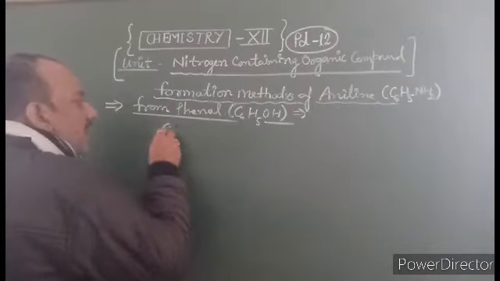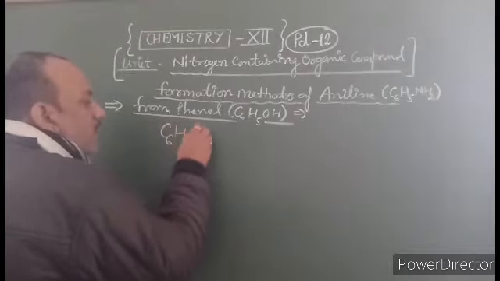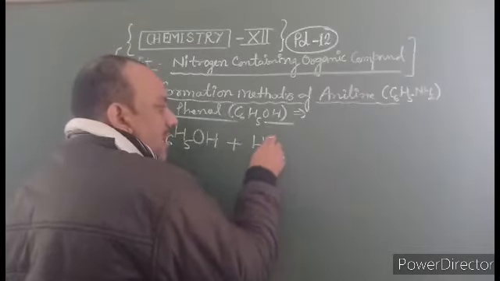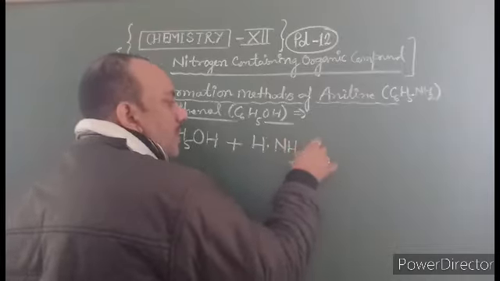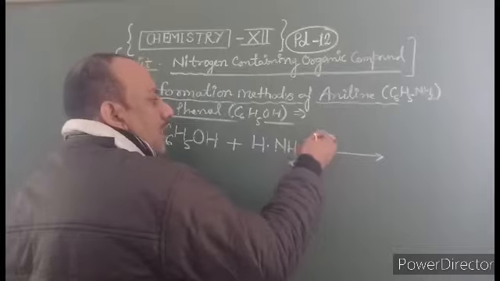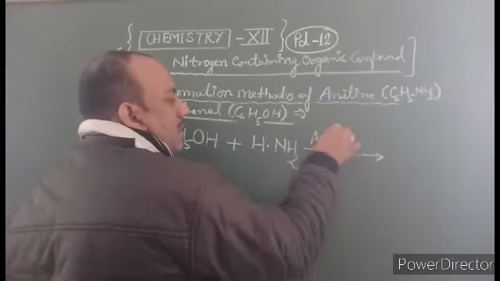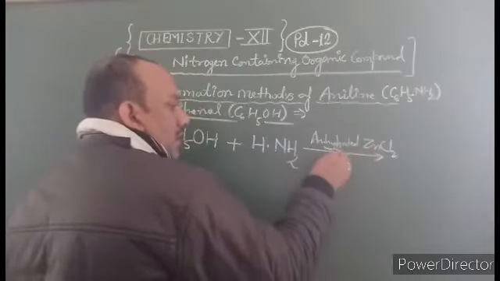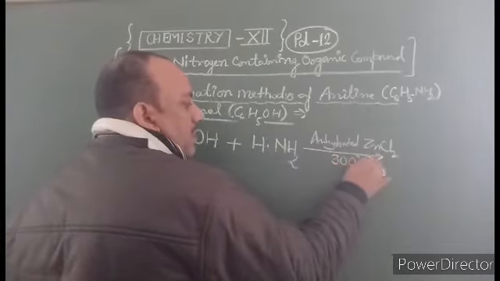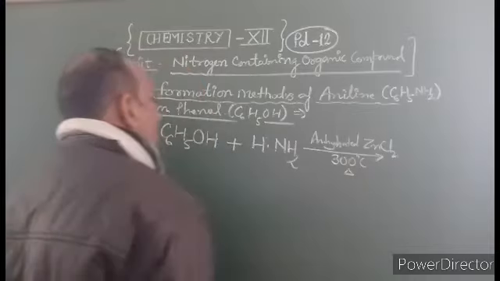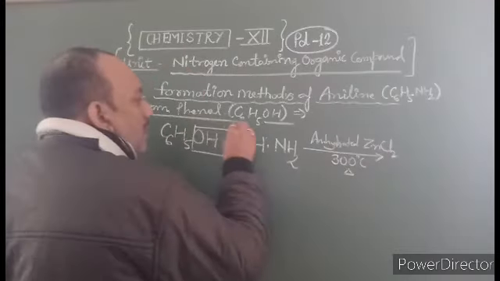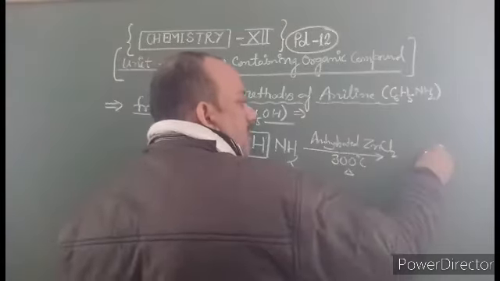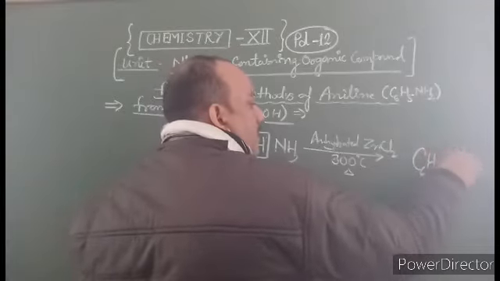The reaction is given as: phenol C6H5OH and ammonia, whose formula is NH3, also written as H-NH2, in the presence of anhydrous ZnCl2 at 300 degrees Celsius temperature, it subtracts water H2O to form C6H5NH2.